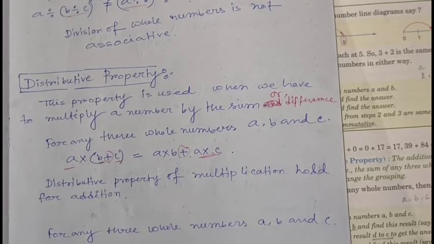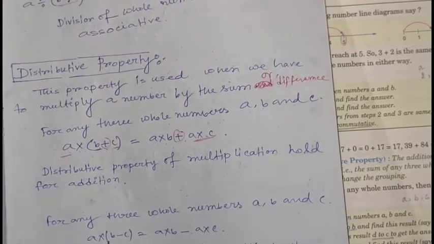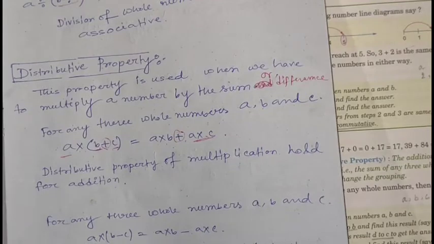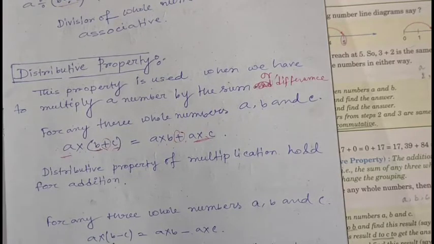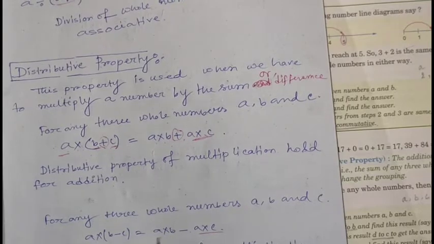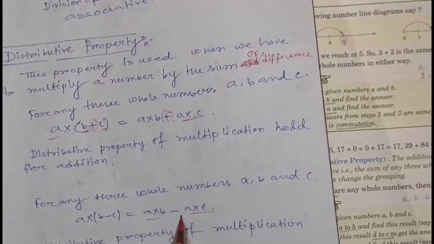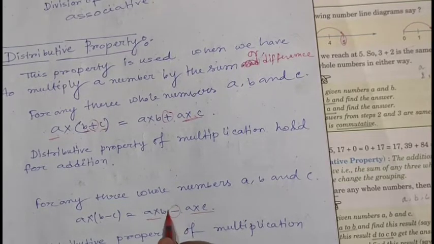And for subtraction, for any three whole numbers a, b and c, a multiplied by b minus c, you need to multiply a with both of these whole numbers, a multiplied by b, a multiplied by c, and between these two there is a minus sign, so here you need to put the minus sign.